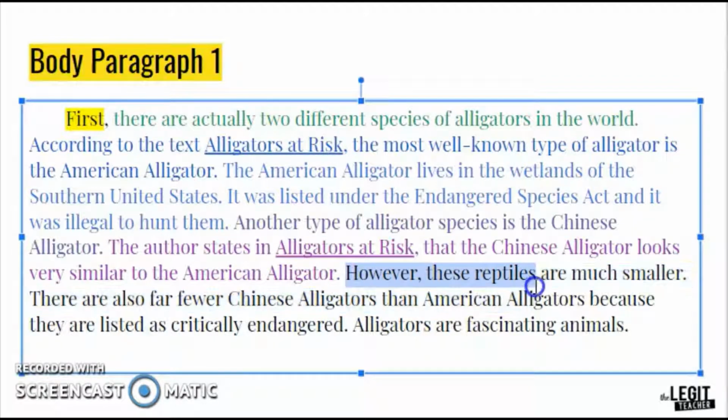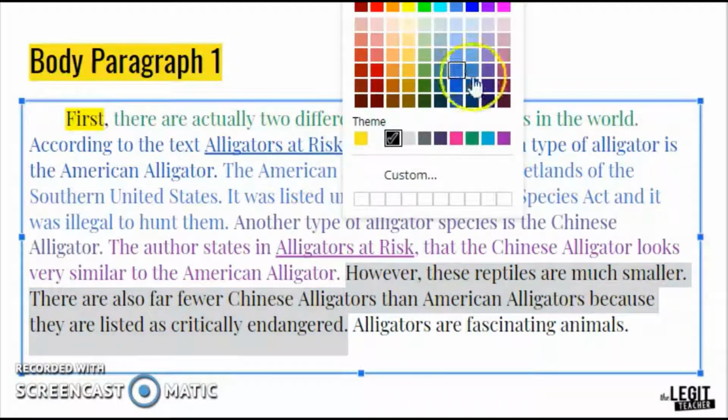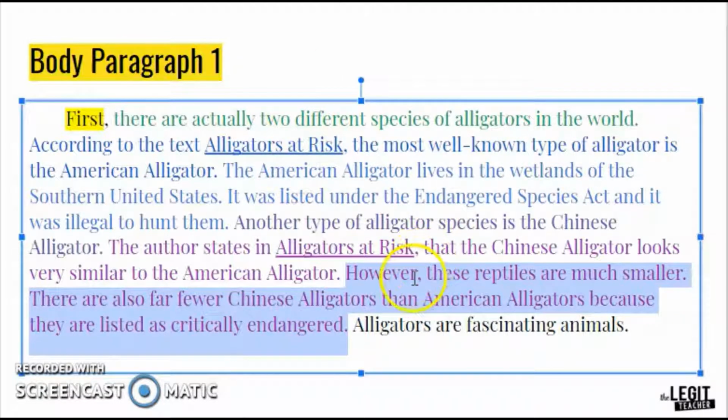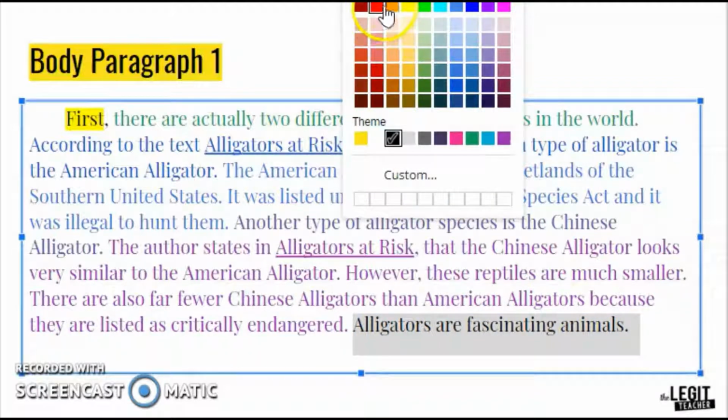However, these reptiles are much smaller. There are also fewer Chinese alligators than American alligators because they are listed as critically endangered. Those last two will be purple. So I have a transition word, I have a topic sentence, 3 sentences about A, I have 4 sentences about B, and my wrap-up sentence says Alligators are fascinating animals, and we will color code it red.